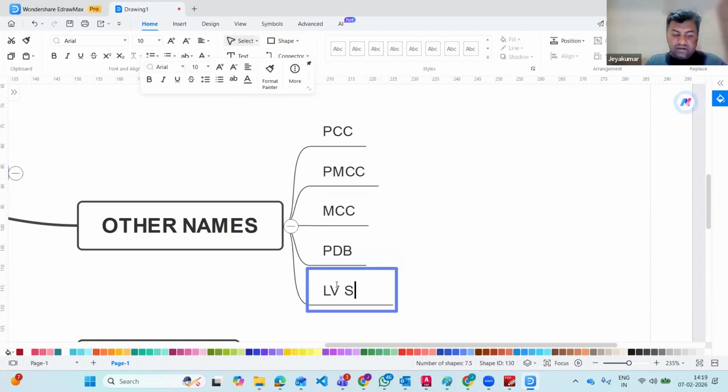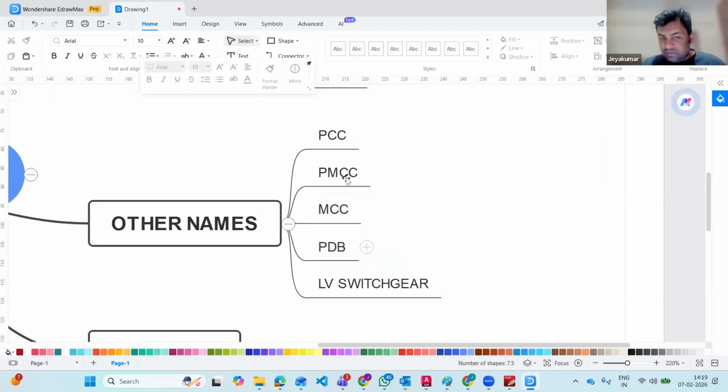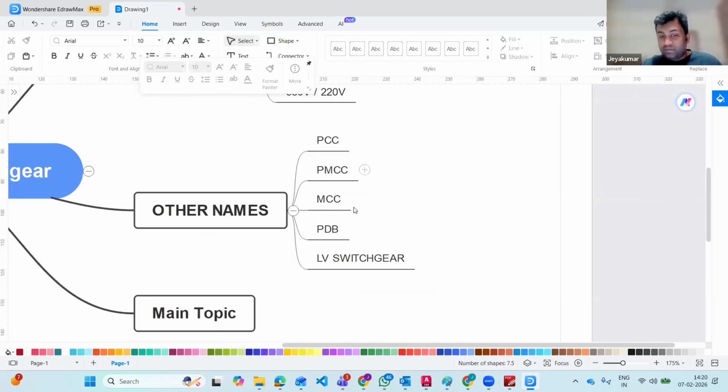LV switchgear, they call it. Please remember that all these things will come at certain levels, right? So I'll talk about that part.